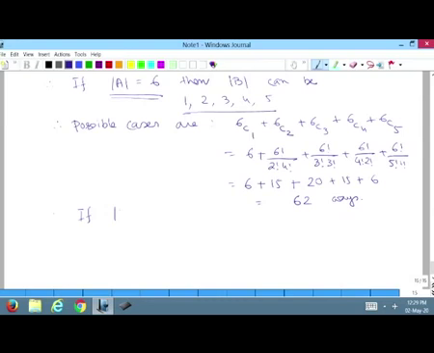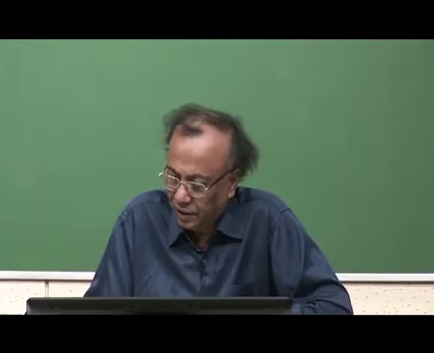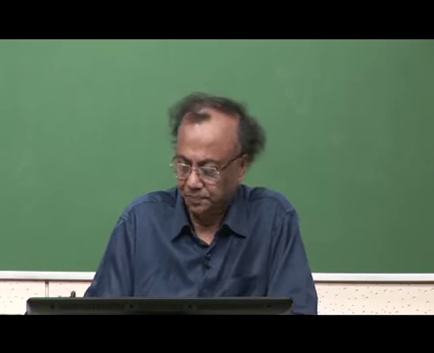If cardinality of A is equal to 4, then cardinality of B has to be 3, because 4 into 3 is 12, and that is a multiple of 6, and cardinality of A intersection B has to be 2, because that has to be 6x, that is 12, therefore, x is equal to 2.